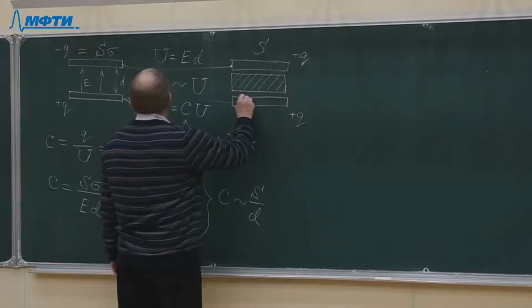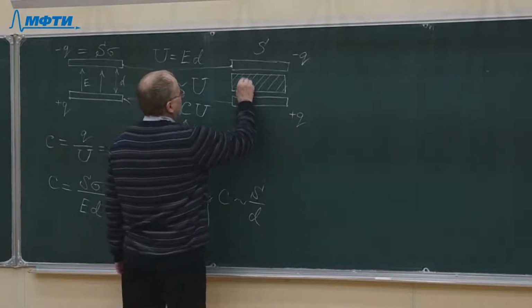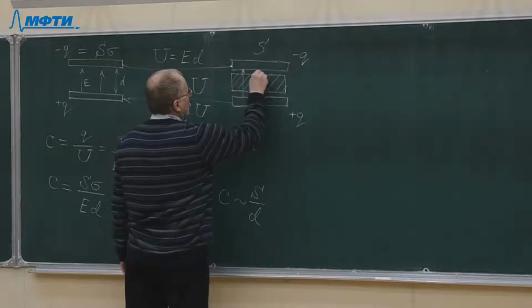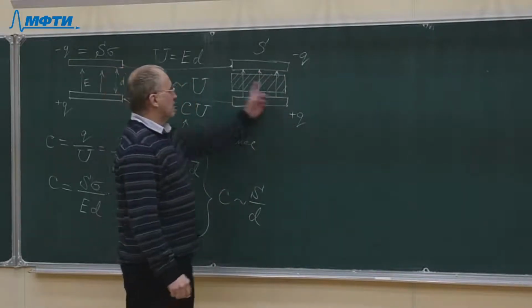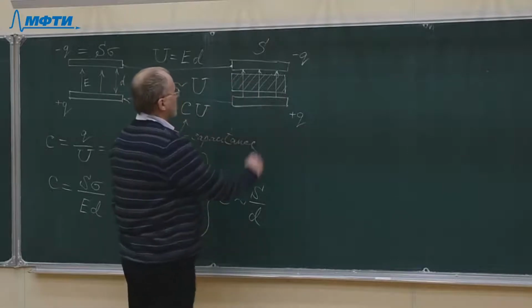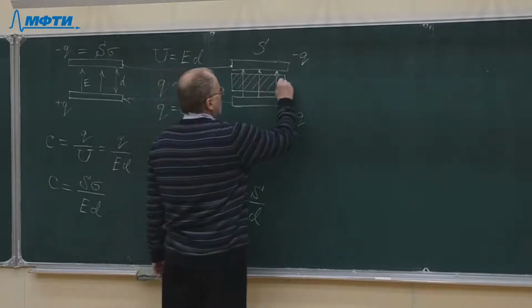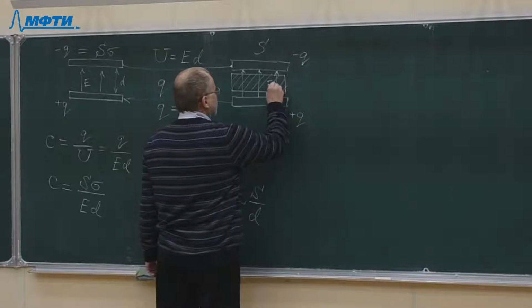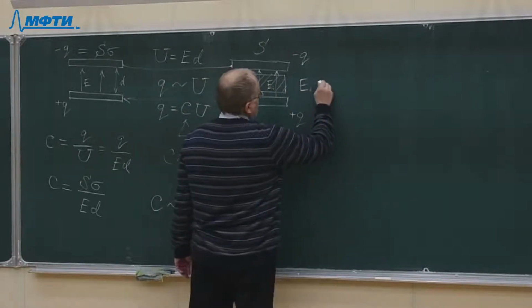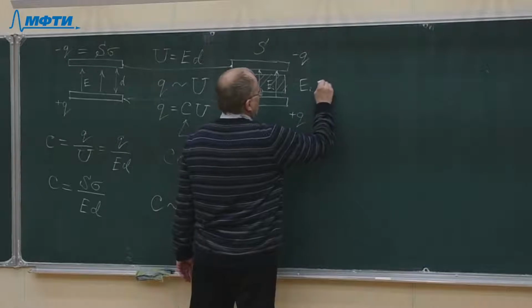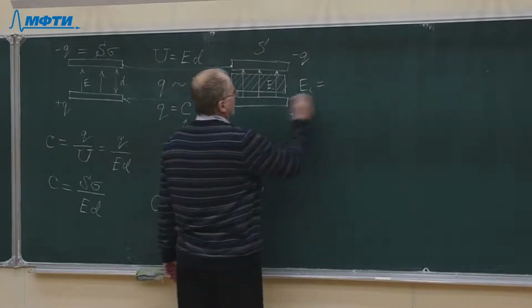It's well known that in a dielectric the field strength is diminished as compared to the empty space. The field strength here inside the dielectric will be smaller than the field strength outside the dielectric.